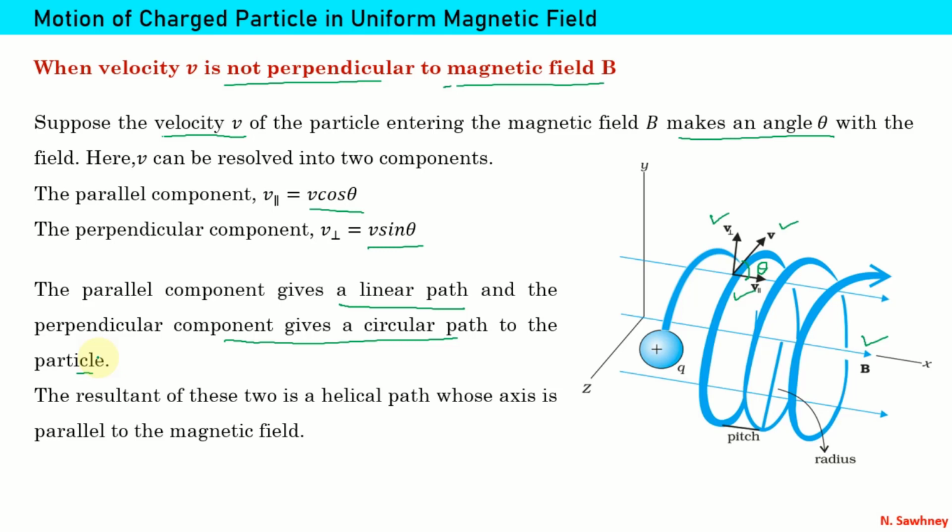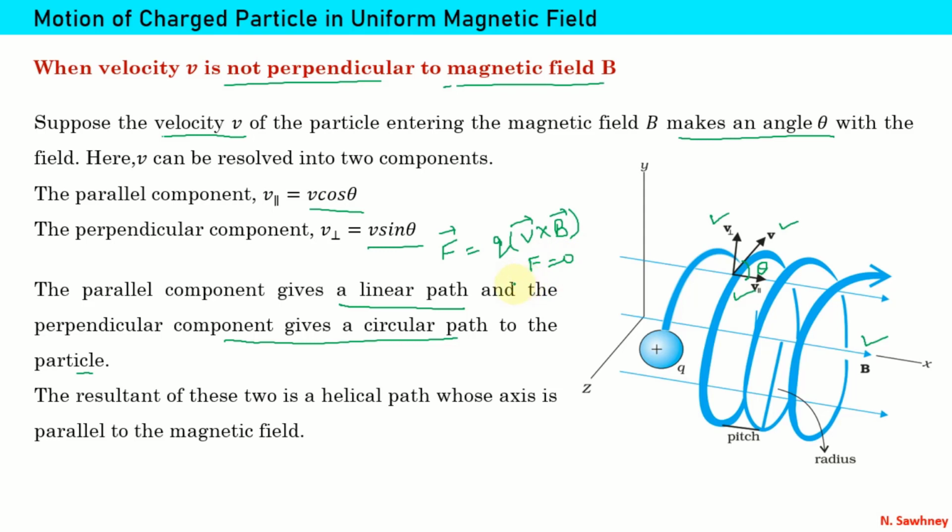See how it is giving a linear path. We are aware of this force expression that we have used earlier. F = qv × B. If we are considering this parallel component, the theta is 0. If theta is 0, this force will be 0.